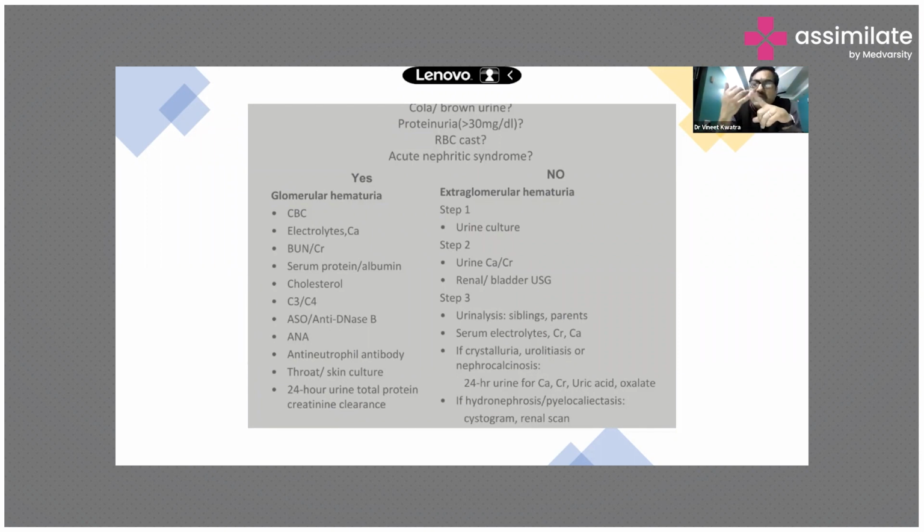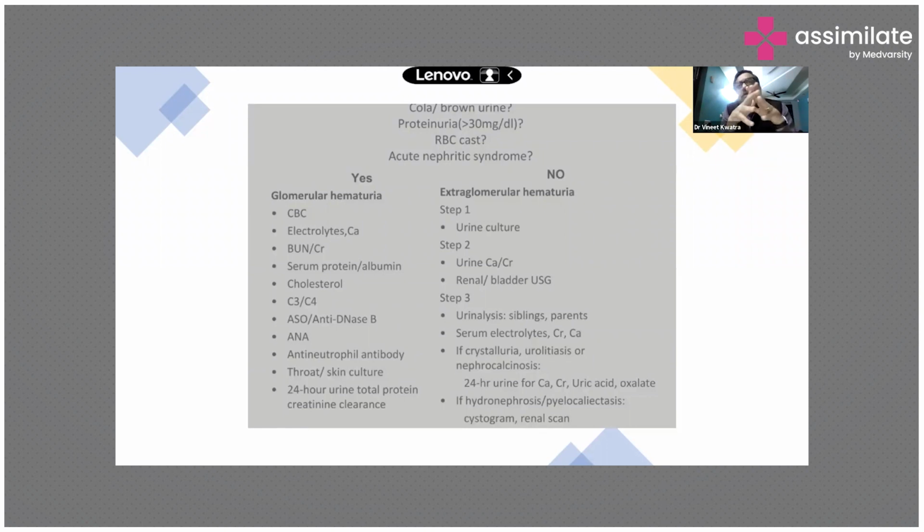All the regular investigations like CBC, CRP, electrolytes, calcium levels, your lipid profile, which includes cholesterol levels, then serum protein and albumin ratios. Then the most important are the complement levels, which are the C3 and C4 levels, ANA titers, ASO titers to rule out post-streptococcal infections, ANA antibodies, dsDNA antibodies.